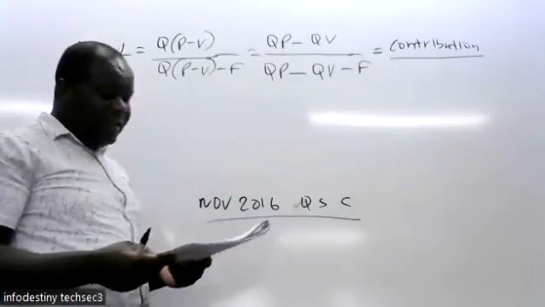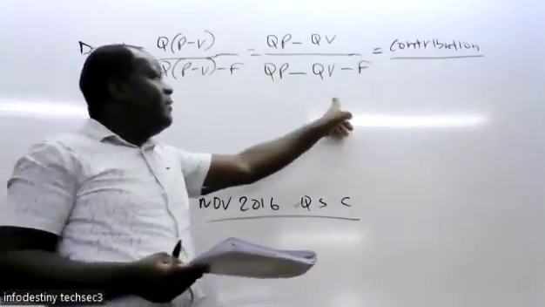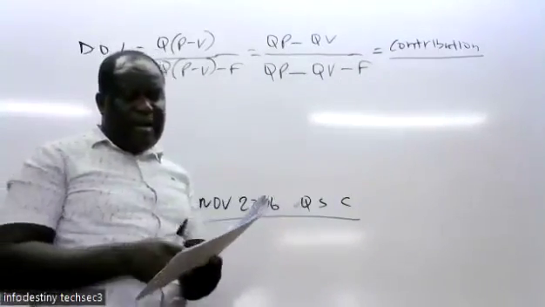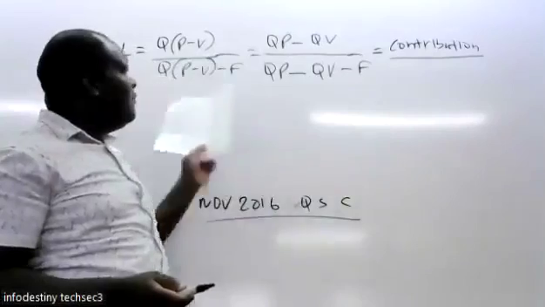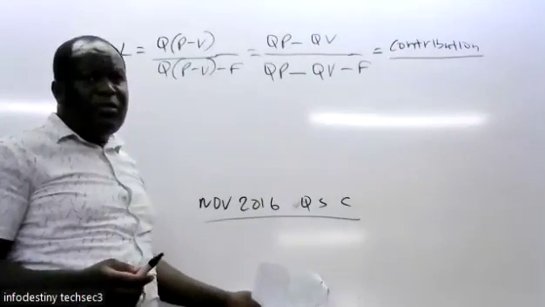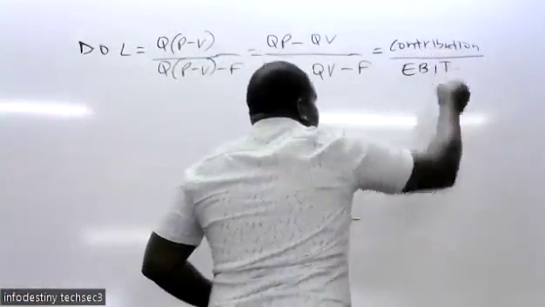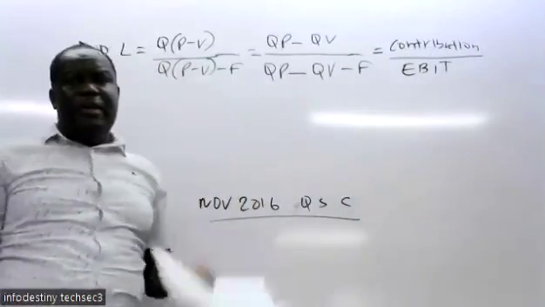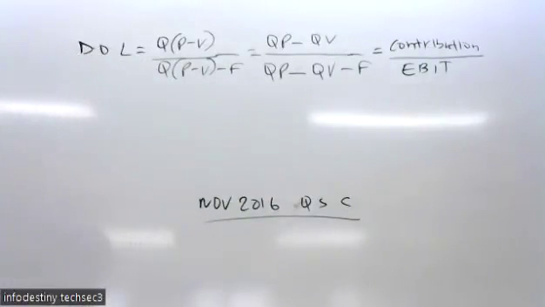Also, when you take the sales minus the variable cost minus the fixed cost, that item is the same as earnings before interest and tax. So to get the degree of operating leverage, it is simply the contribution divided by earnings before interest and tax. This is another formula on how to compute the degree of operating leverage.